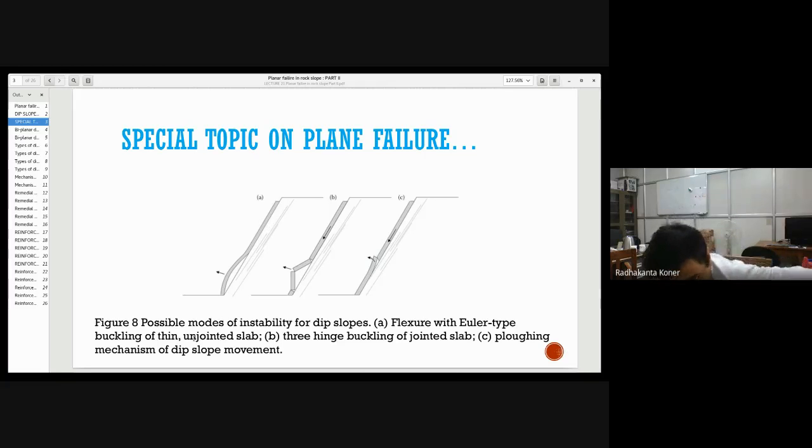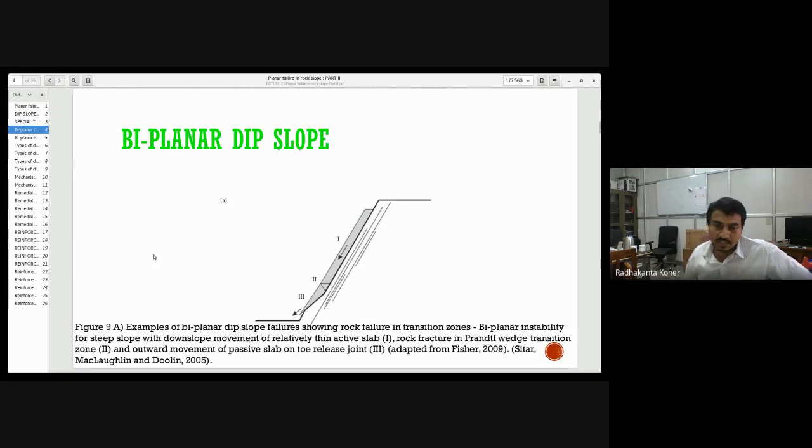So let's see how we can analyze our cases. Based on this concept, we have tried to develop a concept of the biplanar deep slope. This biplanar deep slope basically shows a rock failure transition from one stage to another.